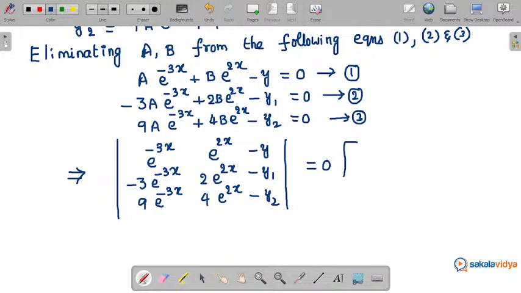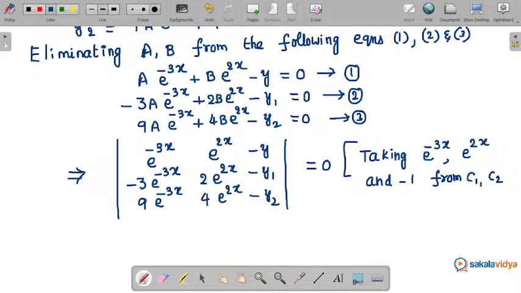So let us write here, taking e power minus 3x, e power 2x and minus 1 from column 1, column 2 and column 3 respectively.